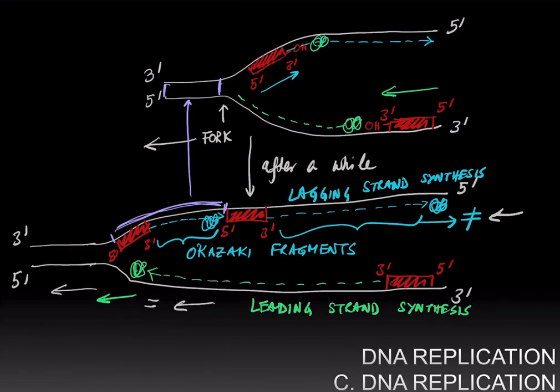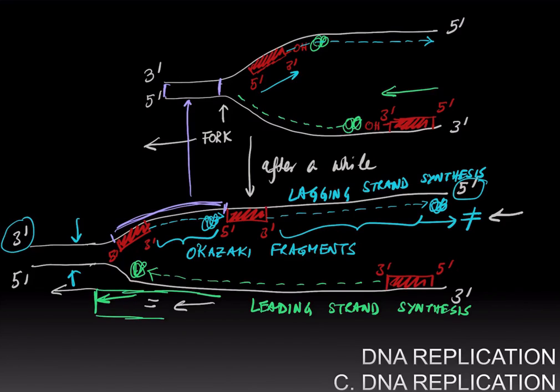Now, it is worth pointing out that lagging or leading strand synthesis has nothing whatsoever to do with 3' or 5', or whether you're on the top or whether you're on the bottom. One and only one thing determines whether you have leading strand synthesis or lagging strand synthesis, and that is whether the direction in which the DNA polymerase is moving is the same as the direction of the replication fork.